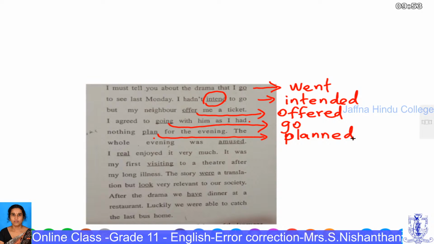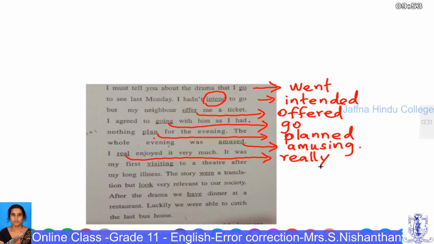The whole evening was dash. So he is describing the whole evening. So it should be an adjective like interesting. This is also amusing, ing. Present participles as adjectives. Here was amusing. I dash enjoyed it very much. How far I enjoyed, that is stated here. How far? So it should be an adverb. So it should be really.